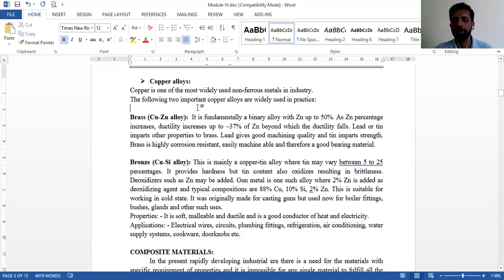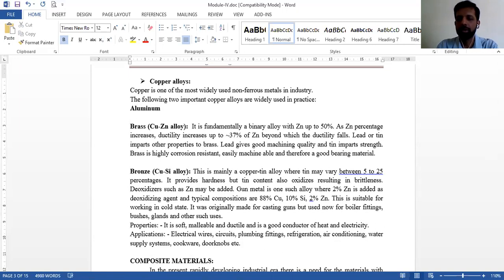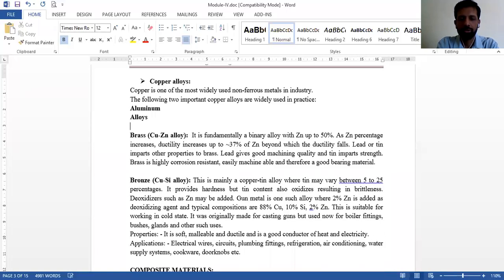Now, if I talk about aluminium and the alloys of aluminium, the one we have already studied is duralumin. It's an alloy of aluminium.